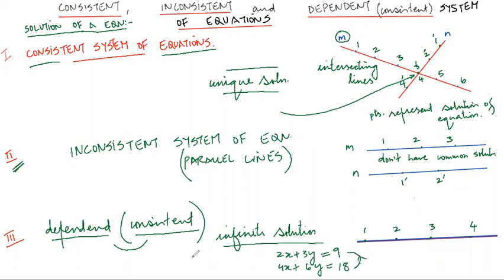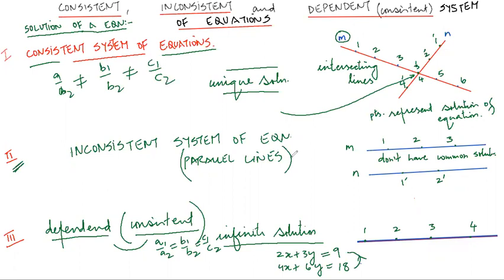So in this case, guys, you can say that a1 by a2 is equal to b1 by b2 is equal to c1 by c2 for coincident lines. See, this ratio is constant. In a consistent system of equations, a1 by a2 is not equal to b1 by b2.